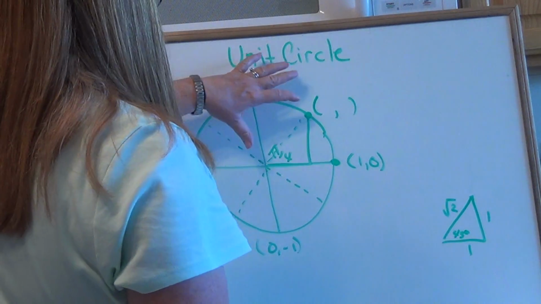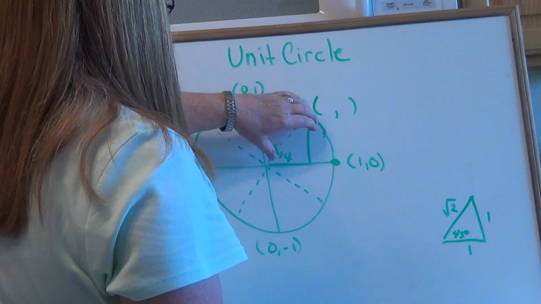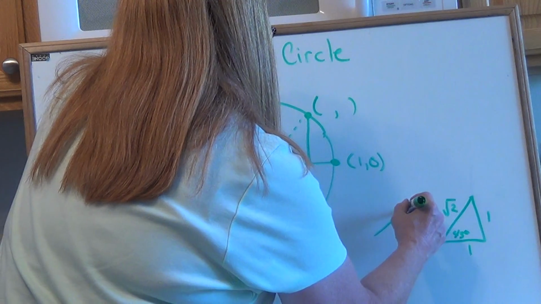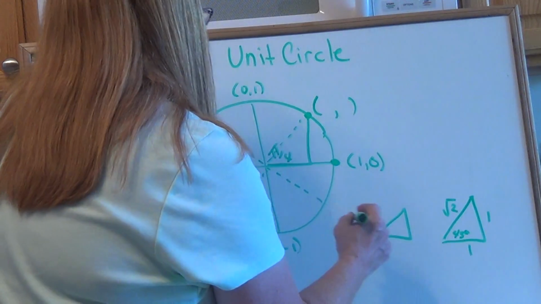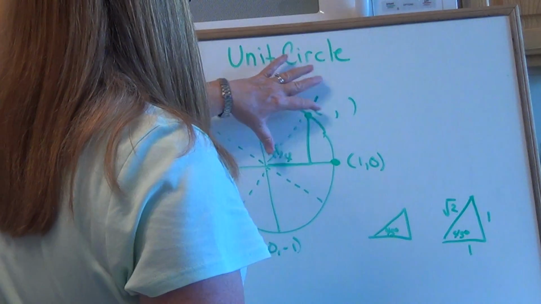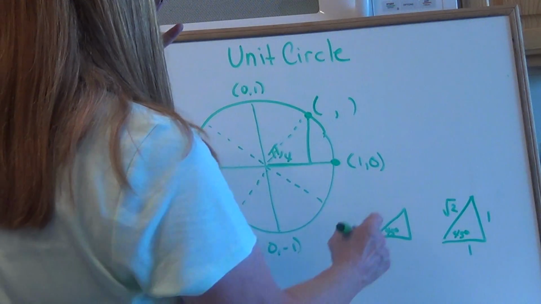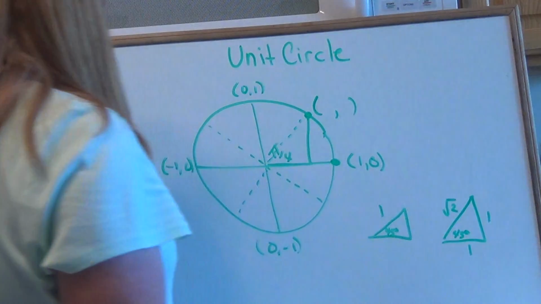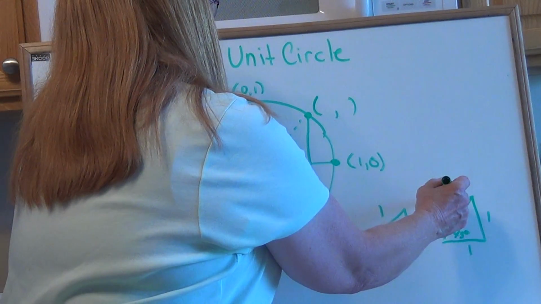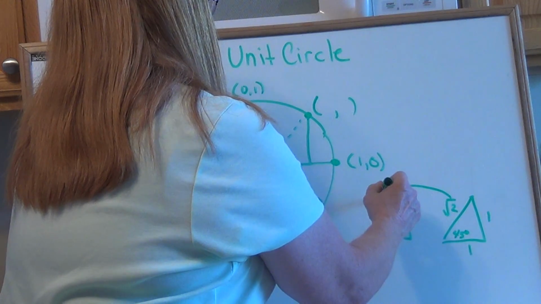So let's see how that relates to this triangle. I'm going to pick this up and put it down here, and I'm going to get the triangle from the circle. So this is 45, and I only know one dimension on this triangle, and that's 1 here. So I have to figure out what could be done to this triangle to get 1.